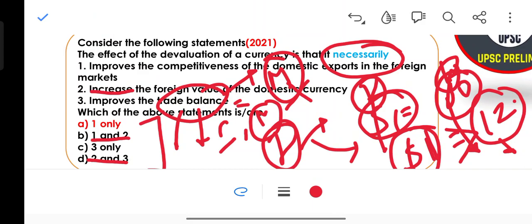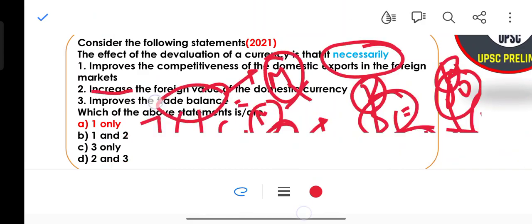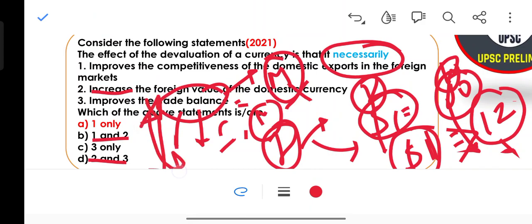There may be other possibilities as well. So it may have an impact, but necessarily the competitiveness of domestic export in the foreign markets will improve, because more export from Indian territory to foreign countries may be there. So that is the point.